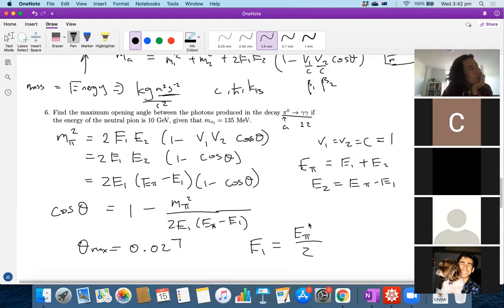Good question. Maybe you actually found the minimum of cos theta rather than the maximum, because we just set the derivative to 0. Don't actually know if it's a minimum or a maximum. Because if you minimize cos theta, then you're maximizing theta, kind of thing.